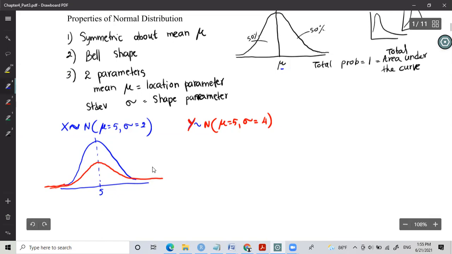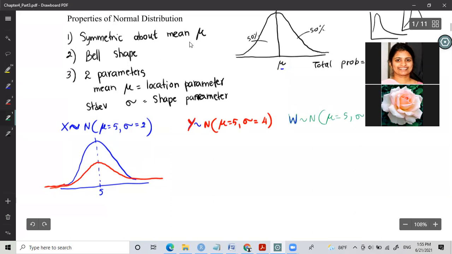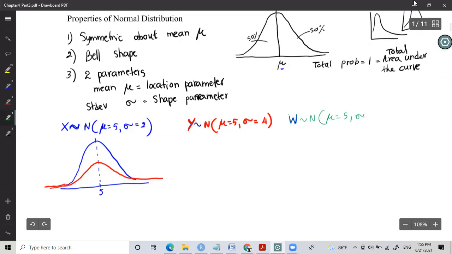Now, say for example, I have another variable, say W. So my W is another normal distribution, again with the same mean, and say sigma is 1. Now what will happen?